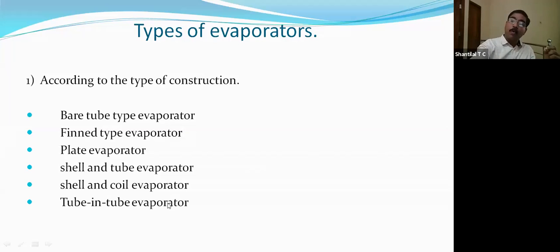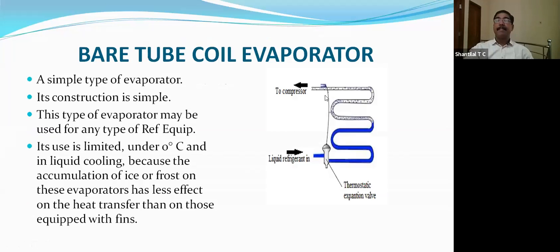First we can go for the bare tube type evaporator coil. This is a simple sketch of a bare tube type. This is the expansion valve. After expansion, the evaporator coil is going. This is a continuous tube coil, generally used in small applications.